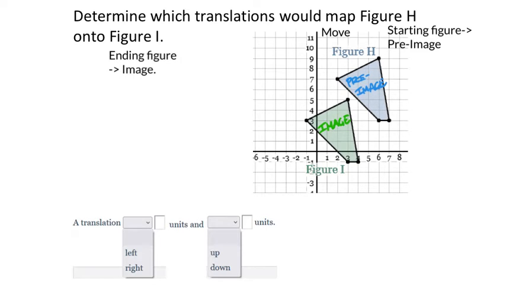So, now that we know that, it says a translation blank, so if you pull this down, it'll say left or right, this many units, and then it wants up or down, this many units. So we're looking at horizontal movement first, and then we will look at the vertical movement.